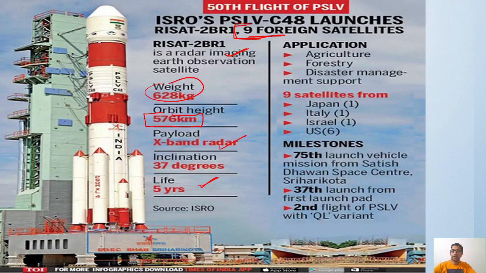Along with the Indian satellite, we have sent 1 Japanese satellite, 1 Italian satellite, 1 Israeli satellite, and 6 US satellites. This was the 75th launch mission from Sriharikota, the 37th launch from the first launch pad, and the 22nd flight of the PSLV with the QL variant. Okay, so these are all the milestones achieved during the launch of this satellite.